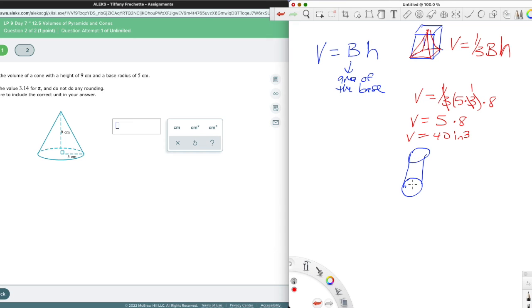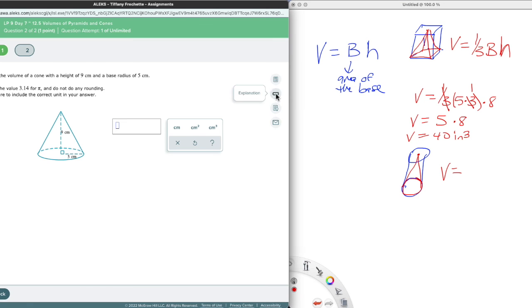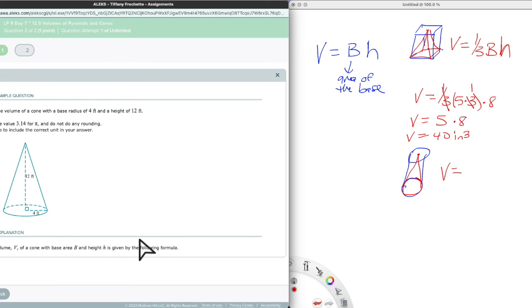And if I have a cone, it's going to a point and it's going to fill up everything except for, just like the pyramid, we're chopping off pieces of the cylinder there. So instead of it just being base times height, it's also going to be a fraction. And again, if you didn't know right off the top of your head, that's what the explanation in the example is for.